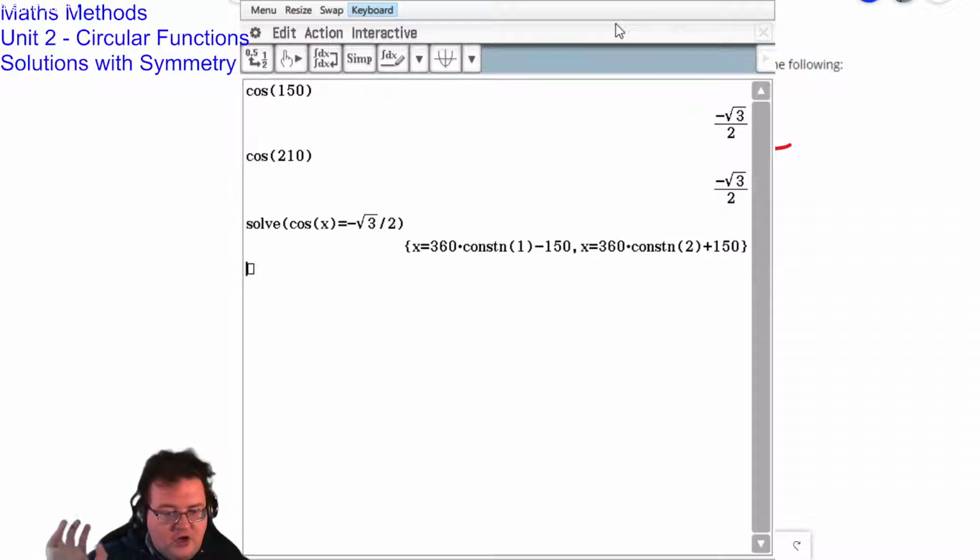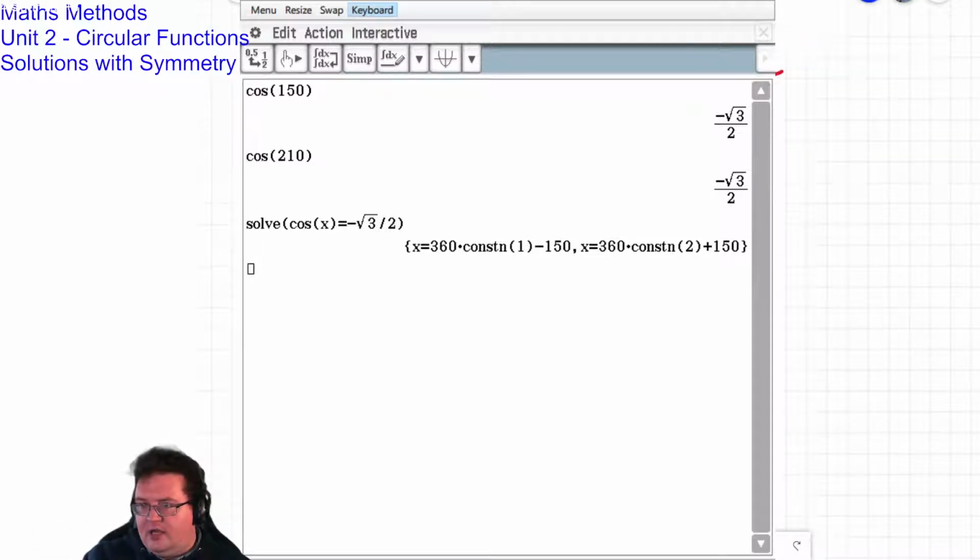All right, how do you convert degrees to radians? To convert degrees to radians, you multiply by pi on 180, and if you want to go back the other way, you multiply by 180 on pi.